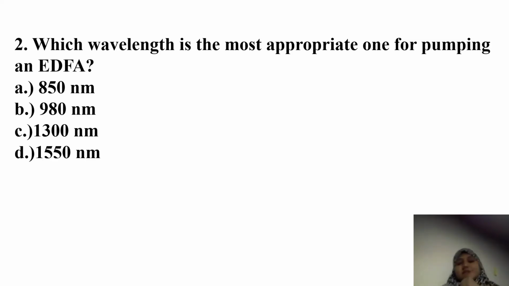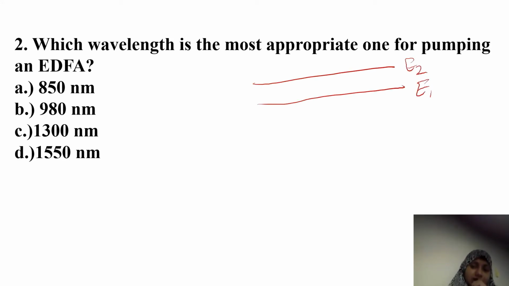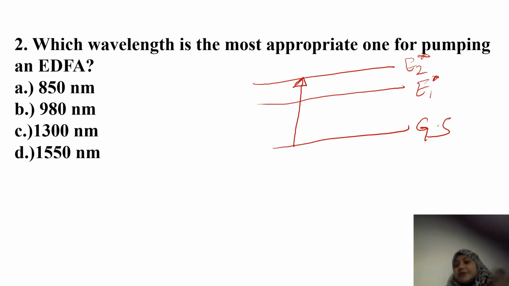So which wavelength is most appropriate for pumping an EDFA? We know that this is a 3-level system: excited state 2, excited state 1, and this is the ground state. There is pumping, and pumping is done using a laser diode. So what is the wavelength of that? That is 980 nanometers.